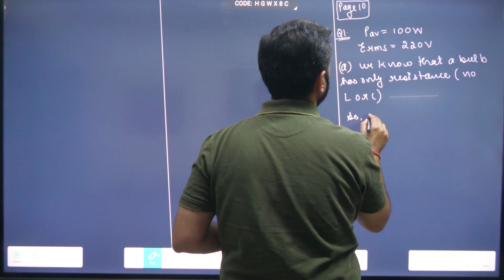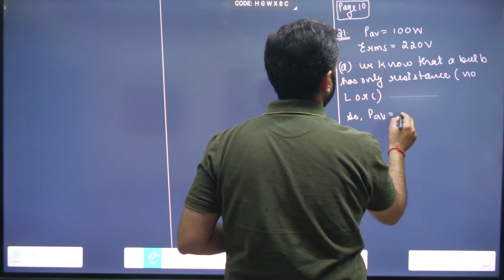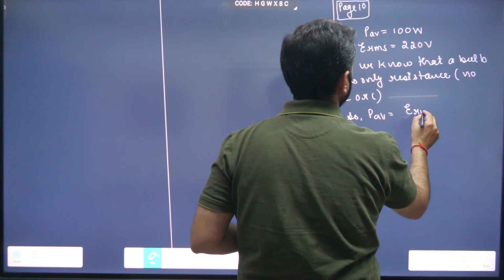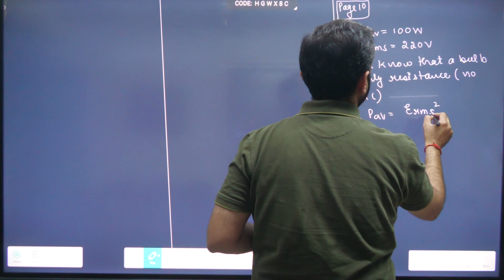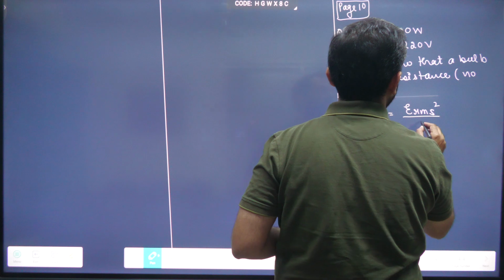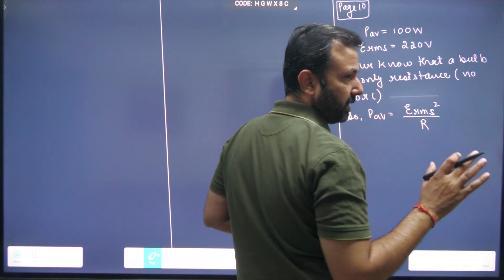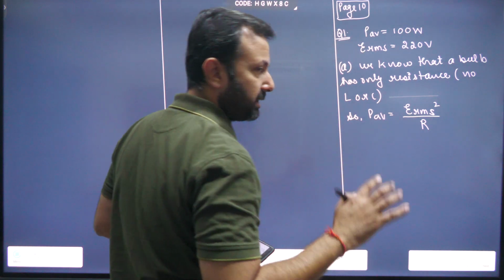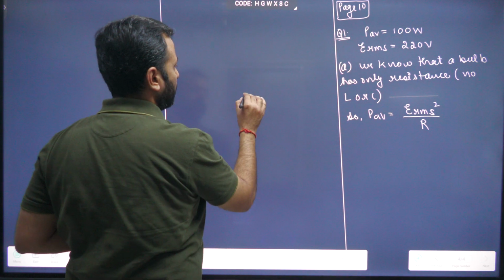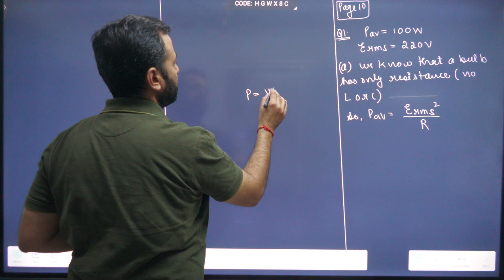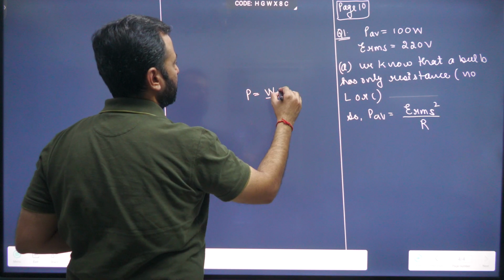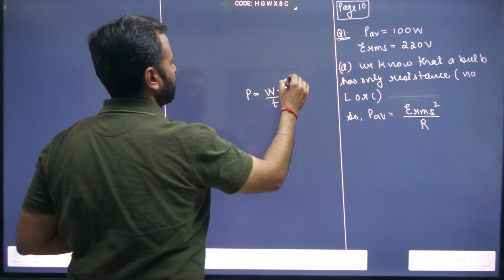So average power is equal to ERMS square upon R. This is P is equal to V square upon R. We have four formulae for calculating power in DC. Work done upon time taken. What is this work done?